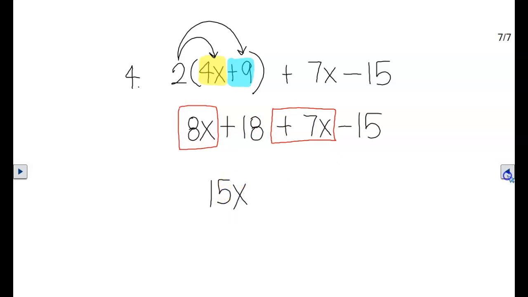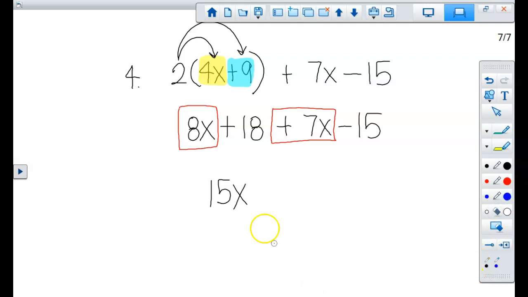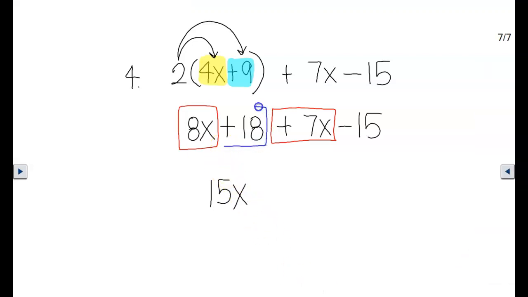So 15x. All right, the next term in line is plus 18. What is his variable part? Well, the answer is he doesn't have one. So that means that the like term for him can't have a variable part either. So when I look out here at the end, I see another term that does not have a variable part. So I'm going to mark him in blue as well.